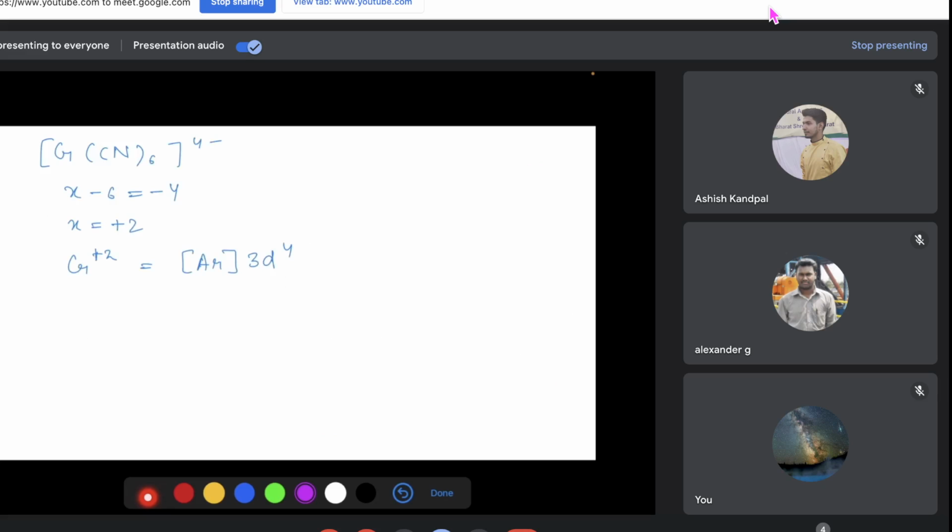Now, coming to our question, which was asked about this complex where my chromium is +2 and the configuration I can write as argon 3d4. So for the electronic configuration 3d4, I can write the S value.